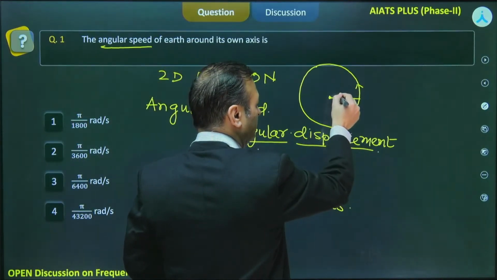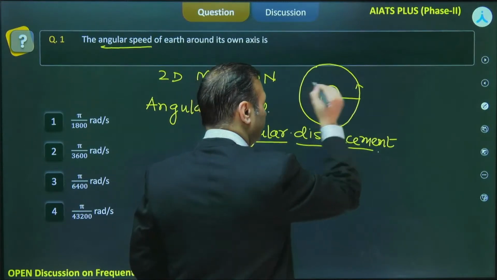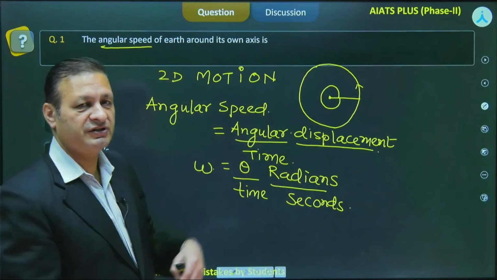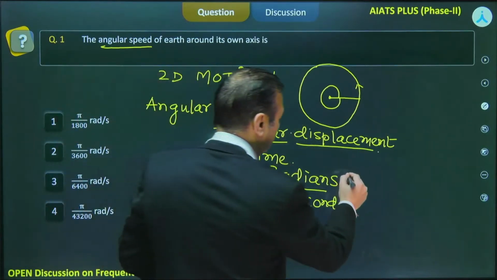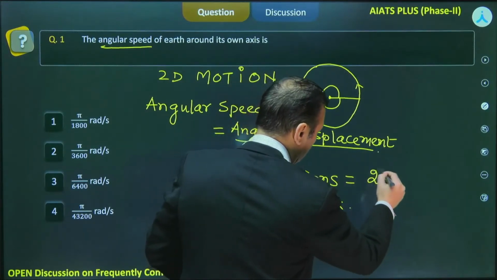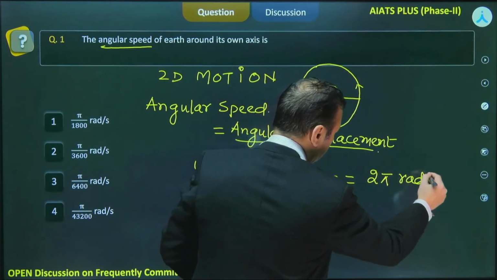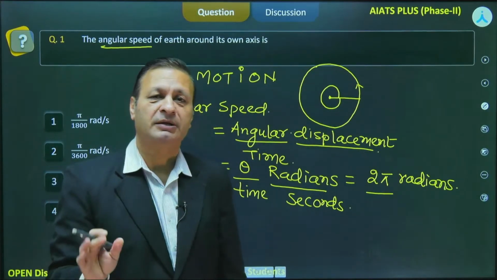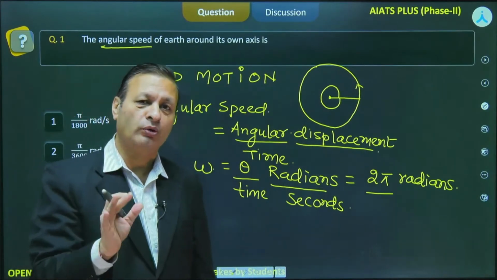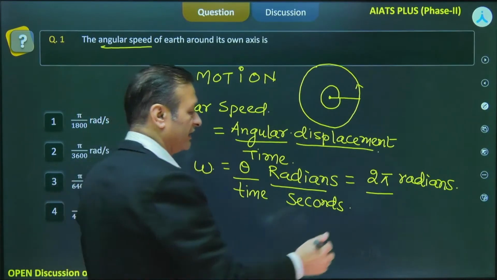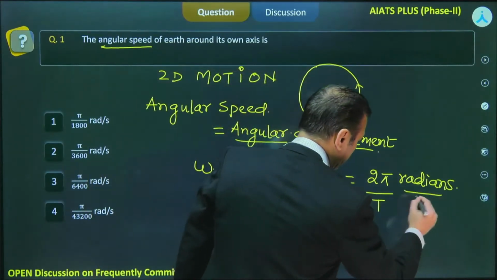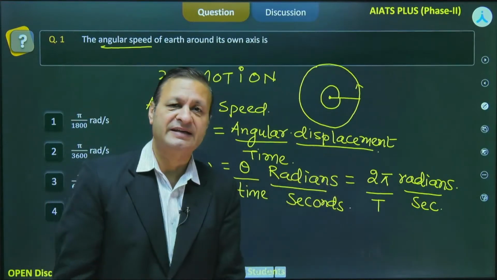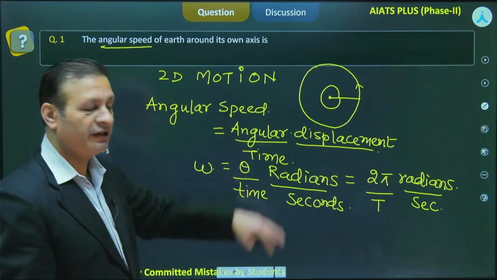If you complete the complete circular path, how much angle will you be traversing? That is 2 pi radians, the complete angle. And the time taken by the particle to complete one round is called its time period T, and that has to be in seconds only. For seconds I am writing SEC. I hope we have understood this much.